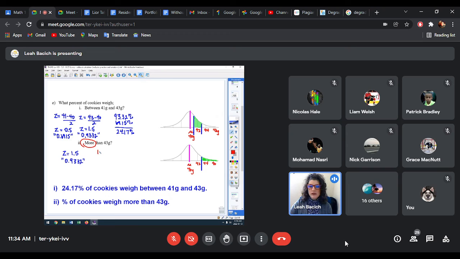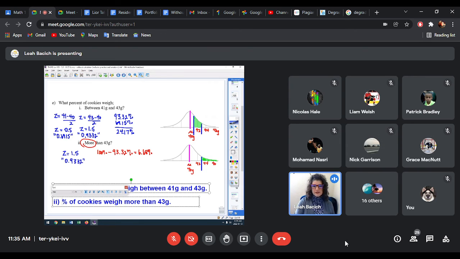So I have to do 100% minus 93.32%. And I hope I did my subtraction right. I got 6.68%. Did anybody else get that? Yeah. Good. So if you had the first one done, the second one was really easy to do, wasn't it? If we said less than 43, then we would have reported the 93.32%, but it actually asked for more.